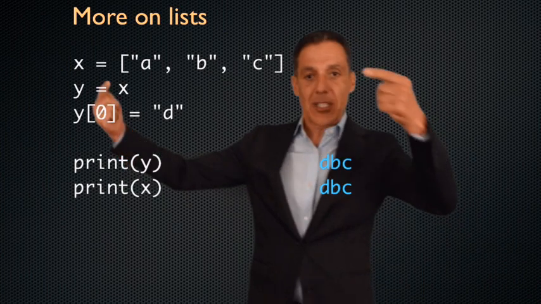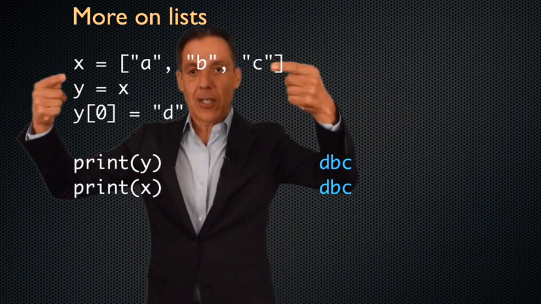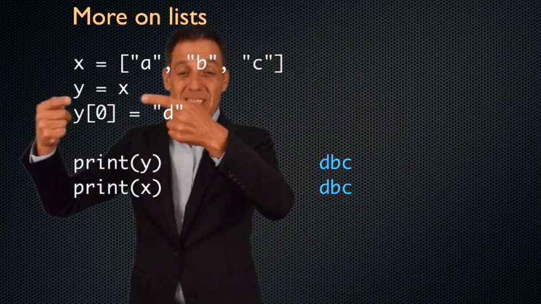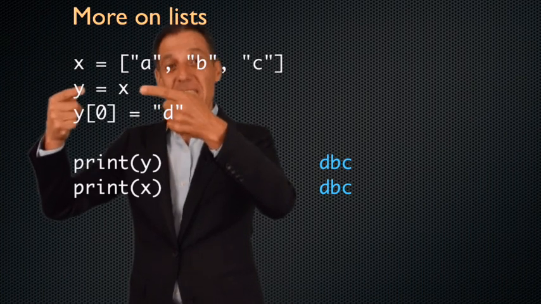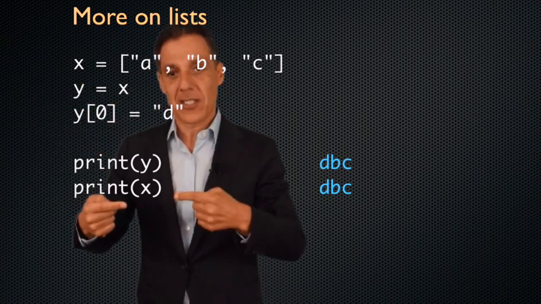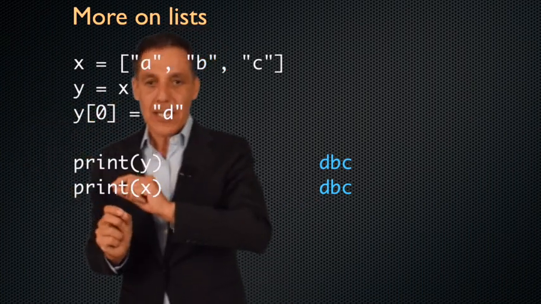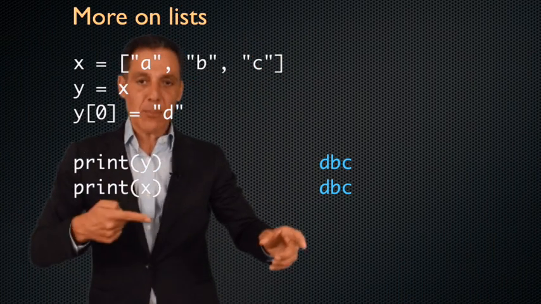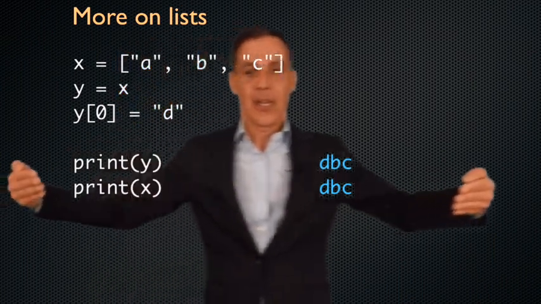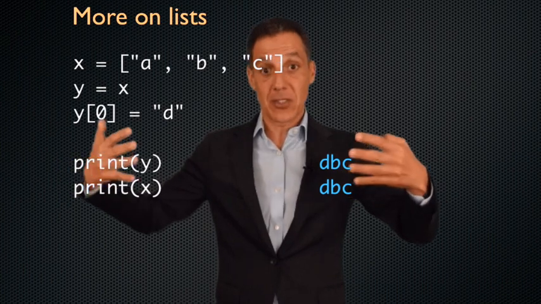So now you can see what happened. I created a list. I created essentially another copy of the address of the list. So again, when I change y, I change the contents that y points to, which x always points to, and now I have this behavior, which is different for numbers, booleans, integers, and floating point values.